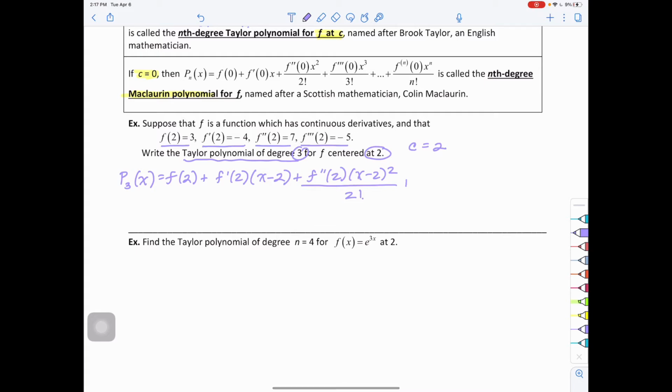And then the last one we need, since it was a third degree Taylor polynomial, f triple prime at 2, the third derivative, times x minus 2 cubed over 3 factorial.